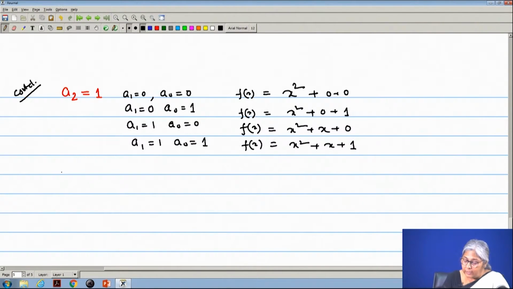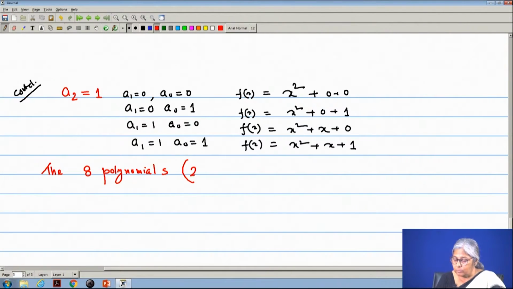So, the 8 polynomials we got, that means here 2 to the power 3, where p equal to 2 and n equal to 3.